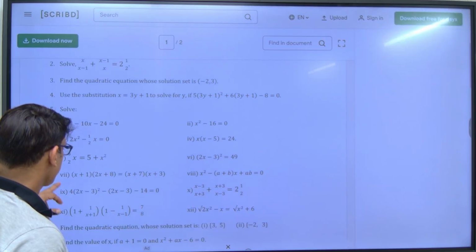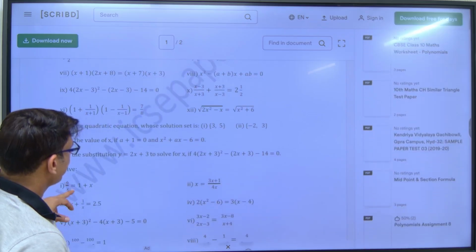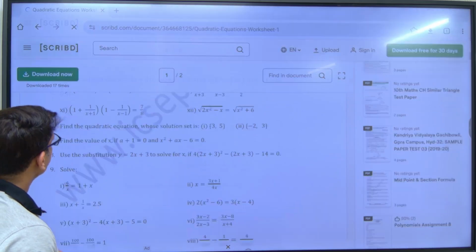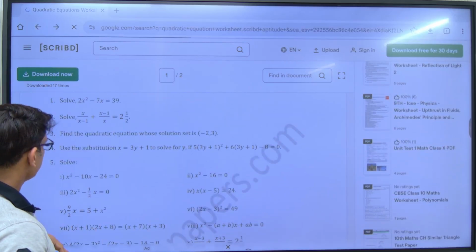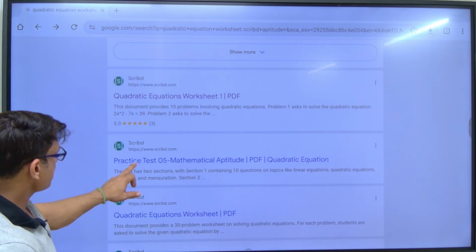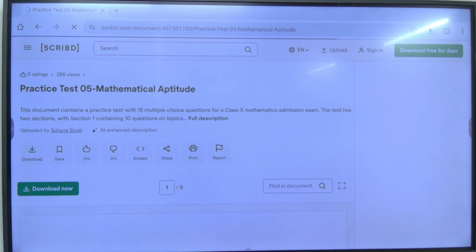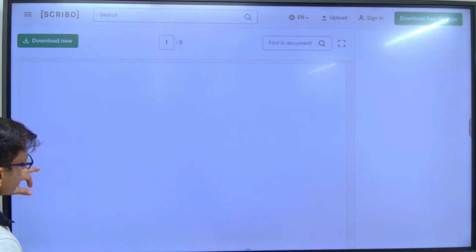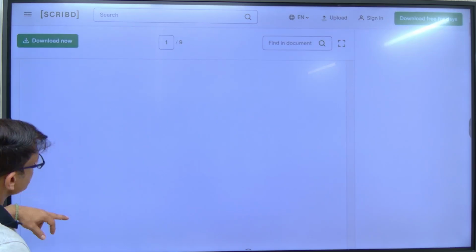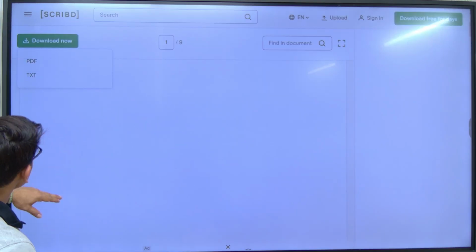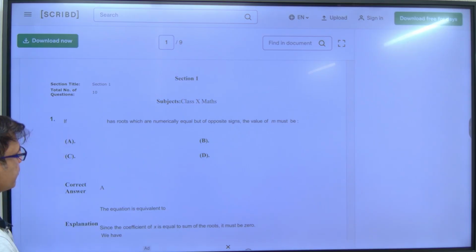Pretty easy. Let's not solve this. And these are easy. We take up some other question. Okay.